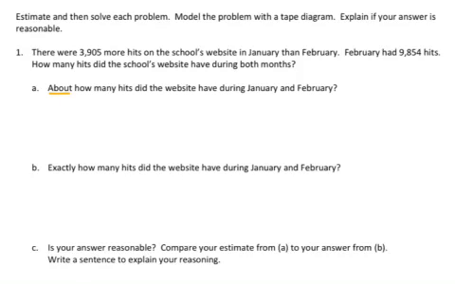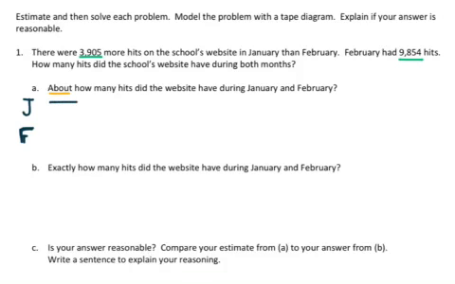So let's look at the numbers that they gave me. There were 3,905 more hits on the school's website in January than February. February had 9,854 hits. How many hits did the school website have during both months? So we know that in January, I'm going to just make a J, and this is February. January, there was 3,905 more hits.